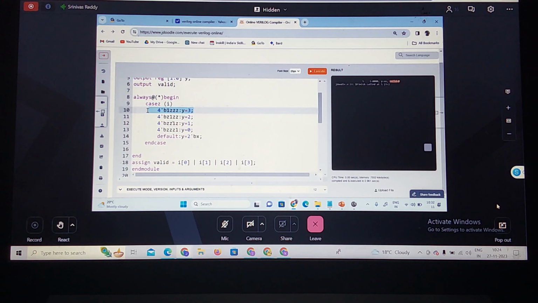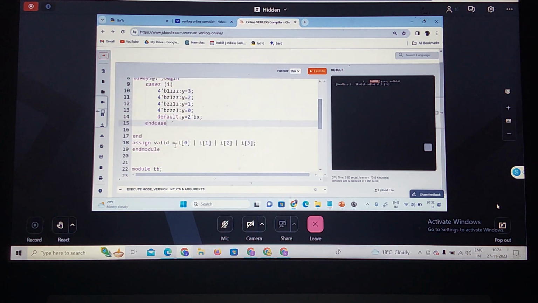Don't you understand? If all inputs I is equal to 0, 0, 0, 0, it is encoding something other than this. If I is all four zeros, it goes to the default statement. What is the default statement we are doing? Y is equal to 2'bx, which means it is taking XX, unknown. Valid also, it is not valid, right? We are writing the valid expression: if I0 is 1 or I1 is 1 or I2 is 1 or I3 is 1, then valid is 1.